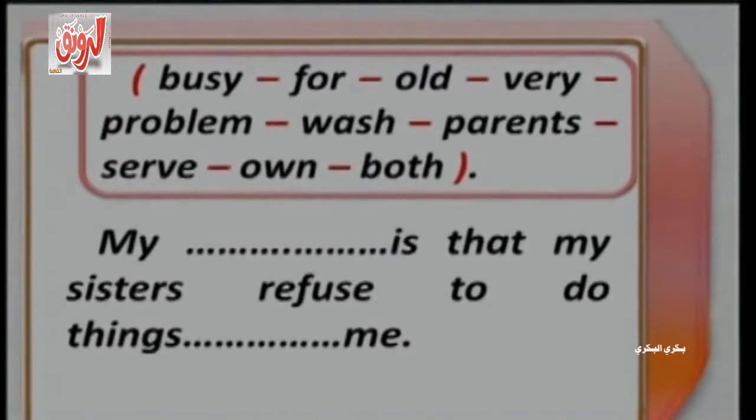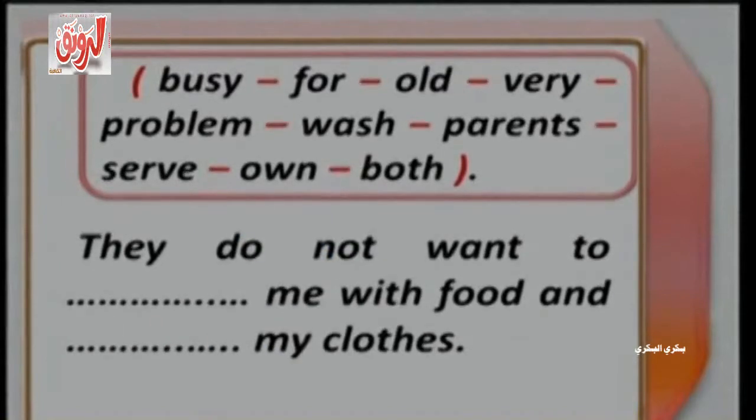My problem is that my sisters refuse to do things for me. They do not want to serve me with food and wash my clothes.